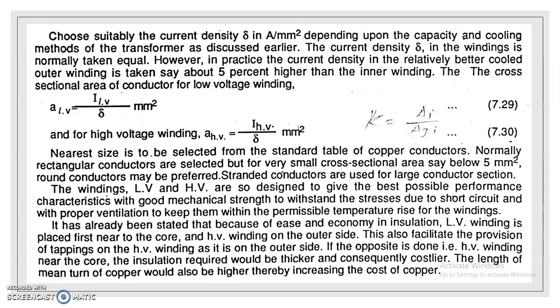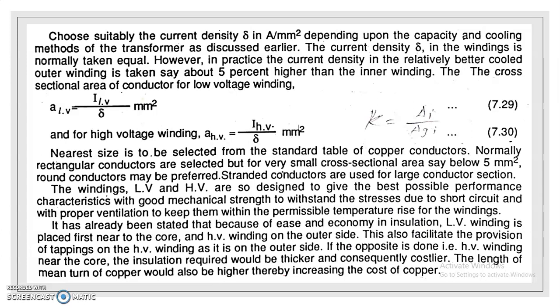The main thing is choosing the current density. In the last lectures, we saw the choice of the current density. Actually, the choice of the current density depends upon the capacity of the transformer and the cooling method employed for the transformer which is going to be designed.